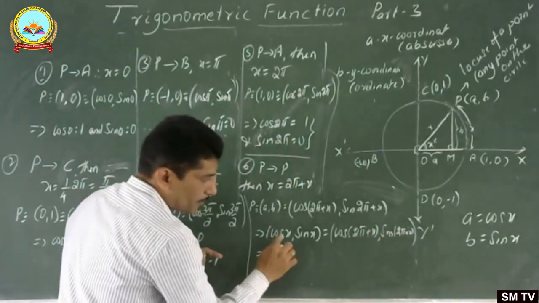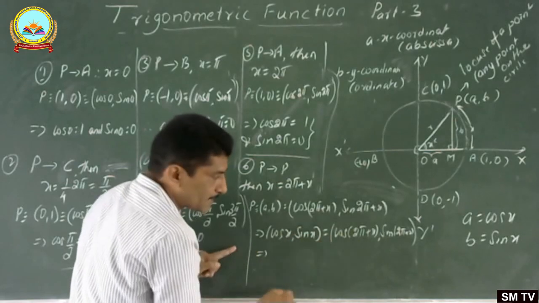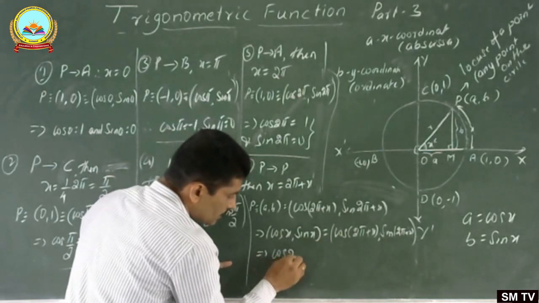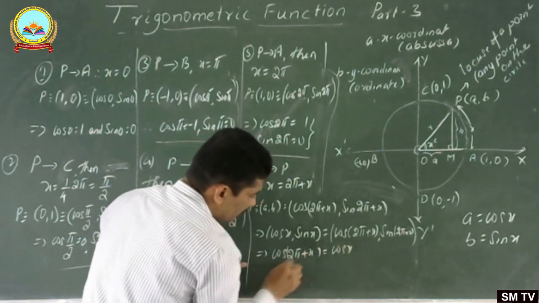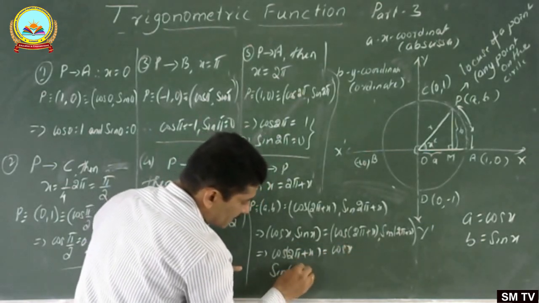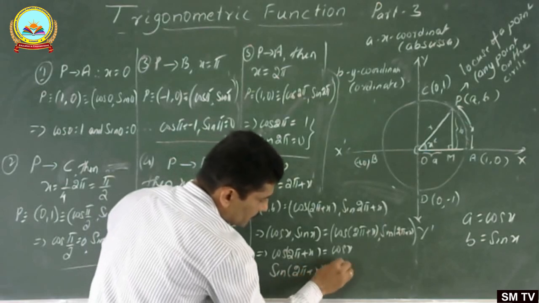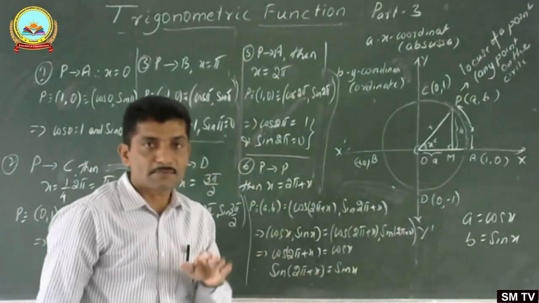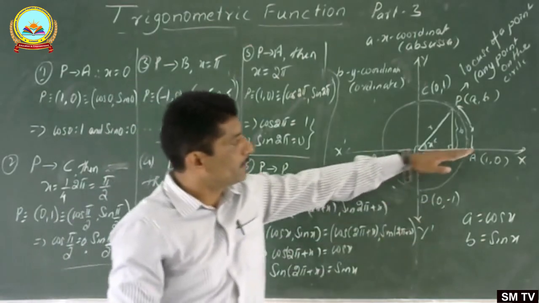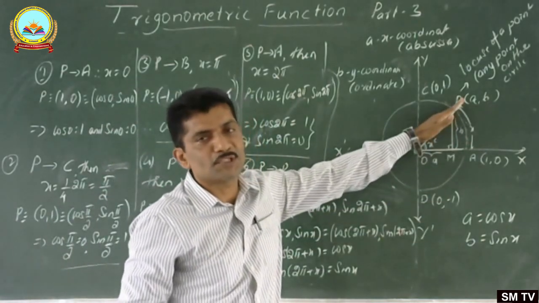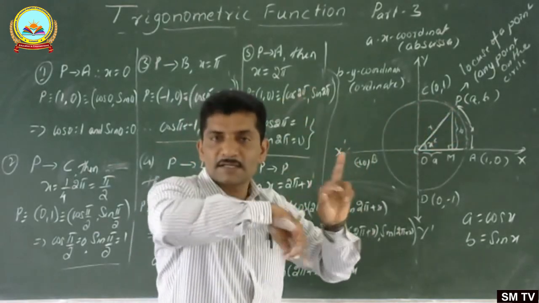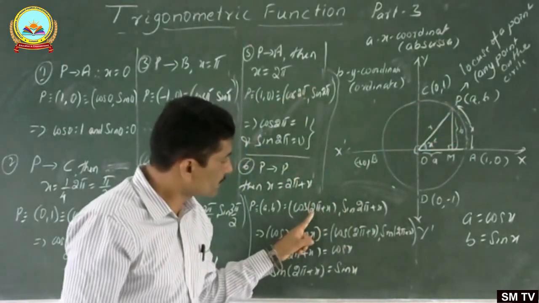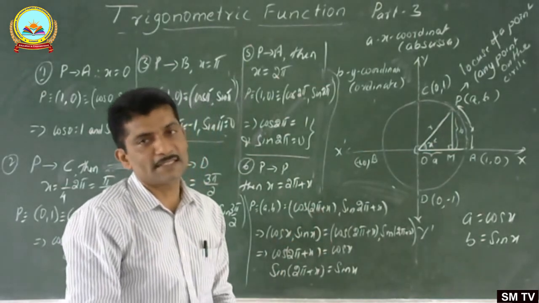Two ordered pairs are equal means corresponding elements are equal. Therefore, cos of 2 pi plus x is equal to cos x and sin of 2 pi plus x is equal to sin x. After a complete rotation, P comes back to the same position, but the arc radian increases to 2 pi plus x radians.